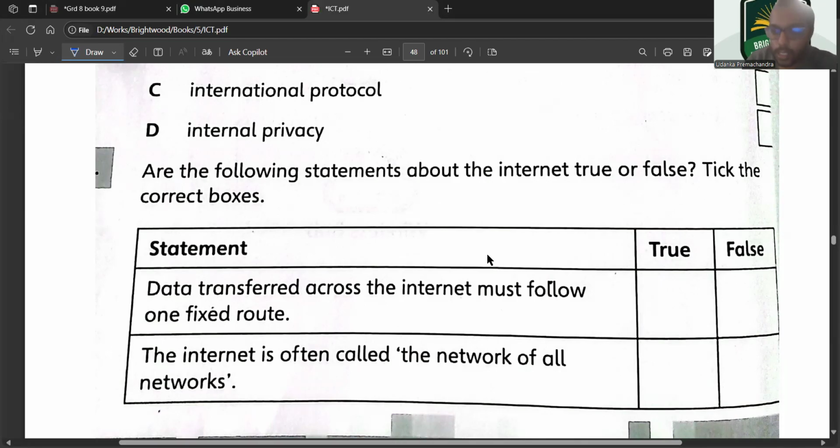No. It can follow many routes. So it should be false. It can follow many routes, so it is false.